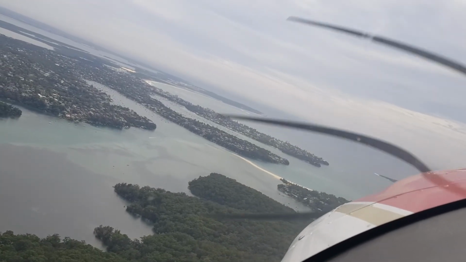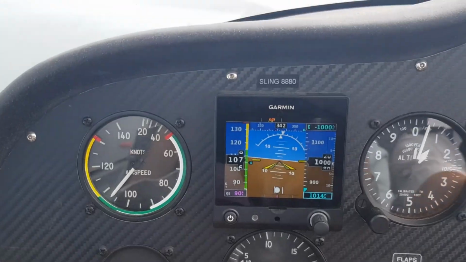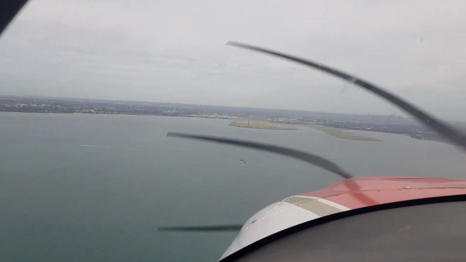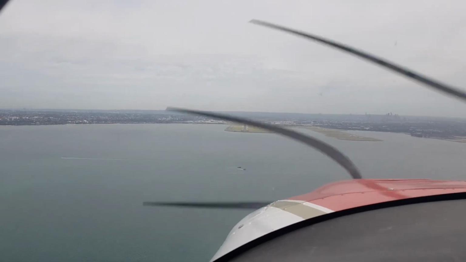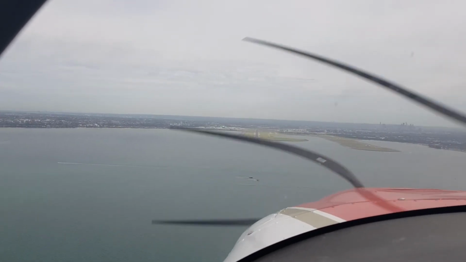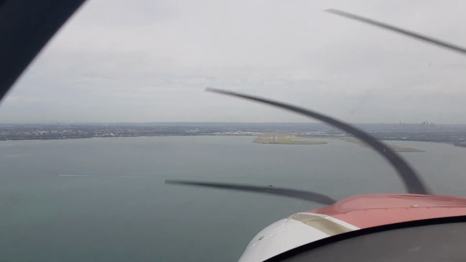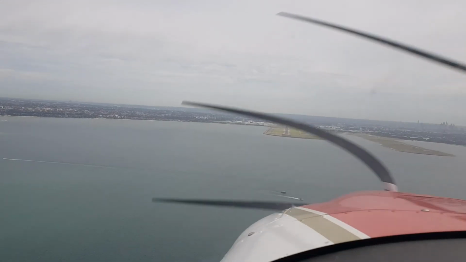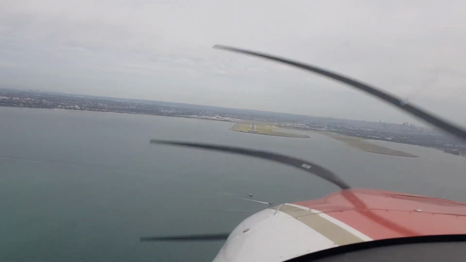But the reason why they separate these frequencies in busy airports like Sydney is because there'll be lots of different airplanes at different stages of the landing process, and if you just use one frequency, there's a risk that they might all be talking over each other, and we don't want that because you might miss an instruction and possibly collide with someone.